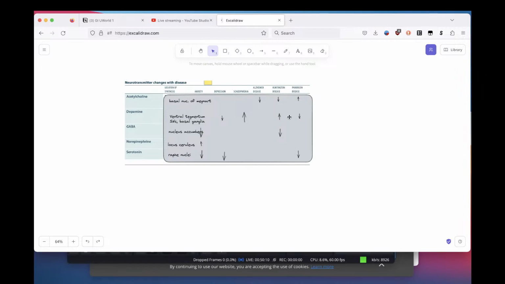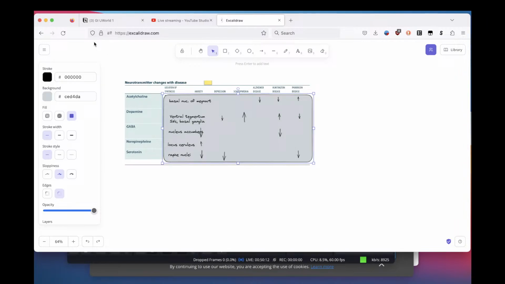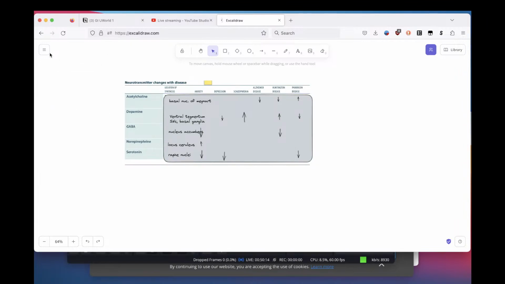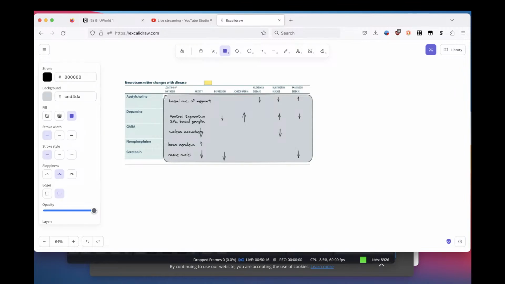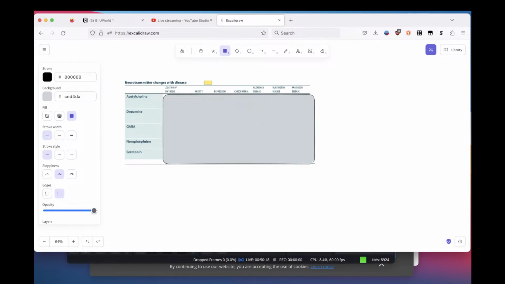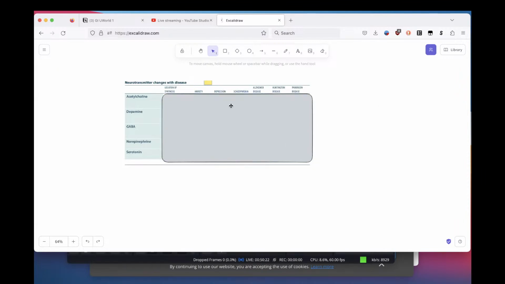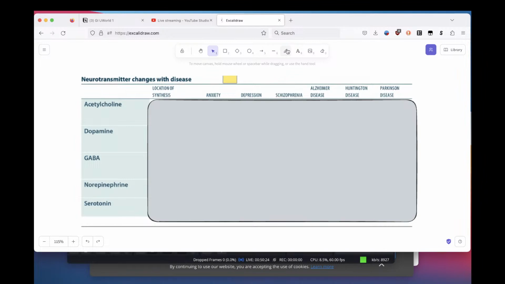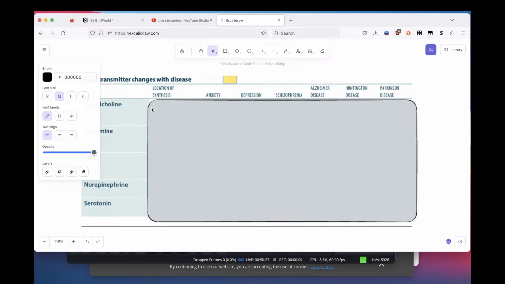So that's how it goes. Okay. So let's do it again. Basically cover it again. Okay, so I'm gonna do this again. Basal nucleus of Meynert.